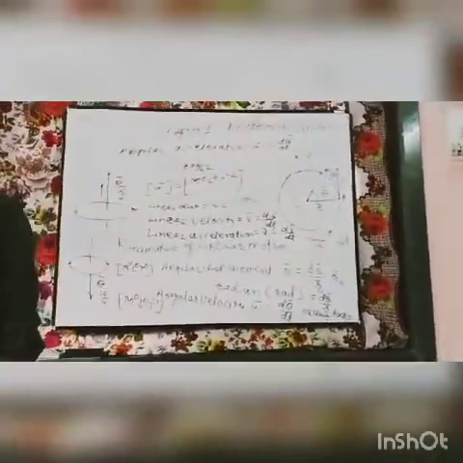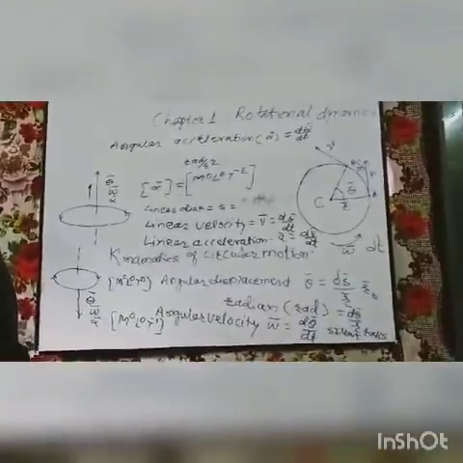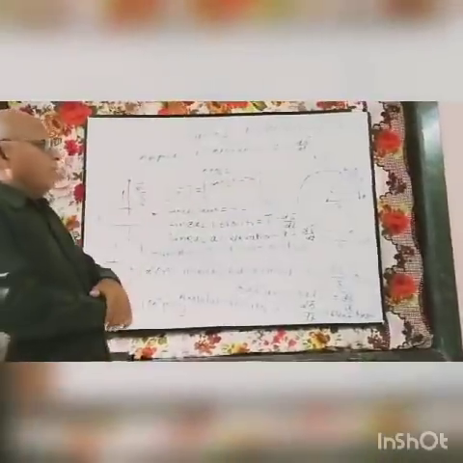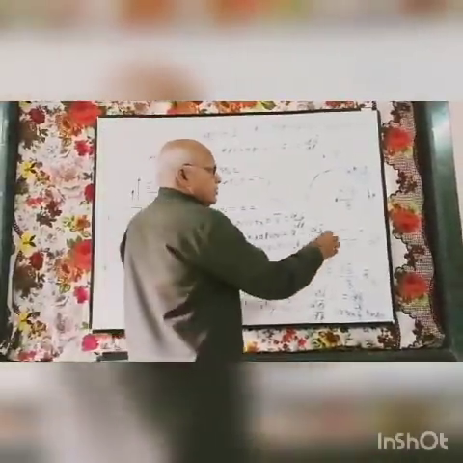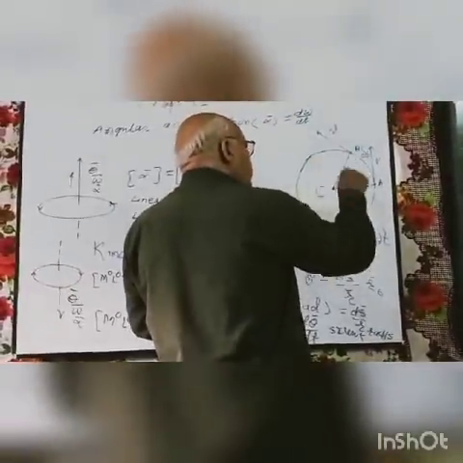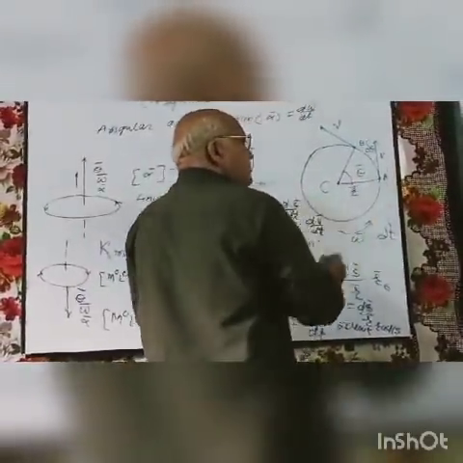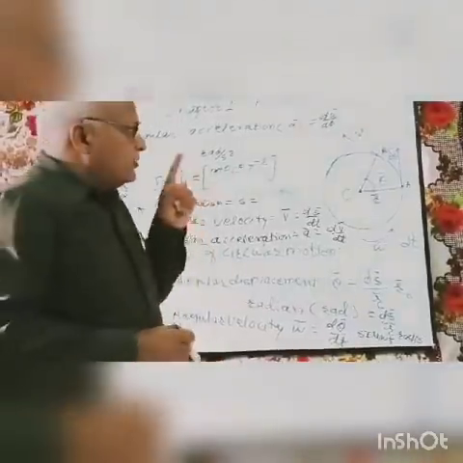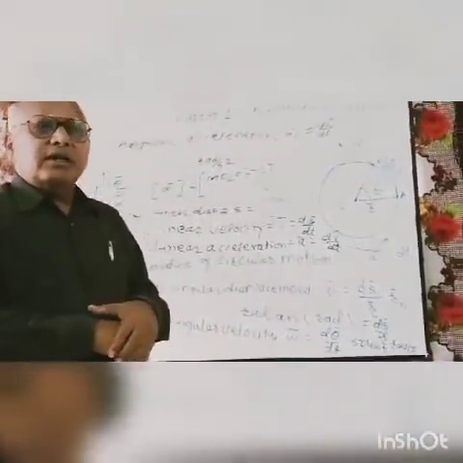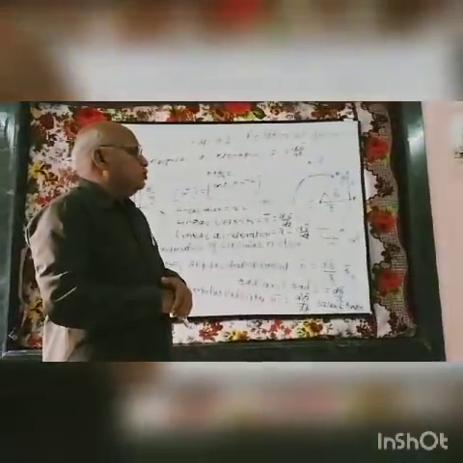Not only this, see here, when the particle is performing circular motion, we have denoted this v. It means at every instant the particle has a velocity. This velocity is tangential to the circumference of the circle, and that's why it is called the tangential velocity.